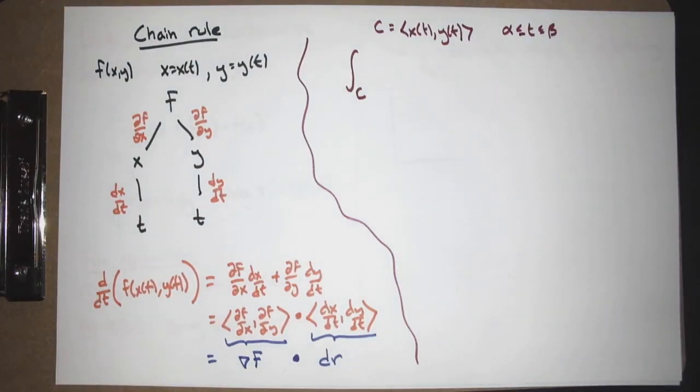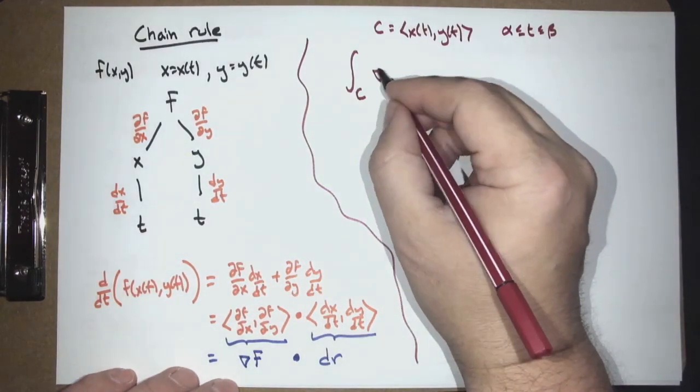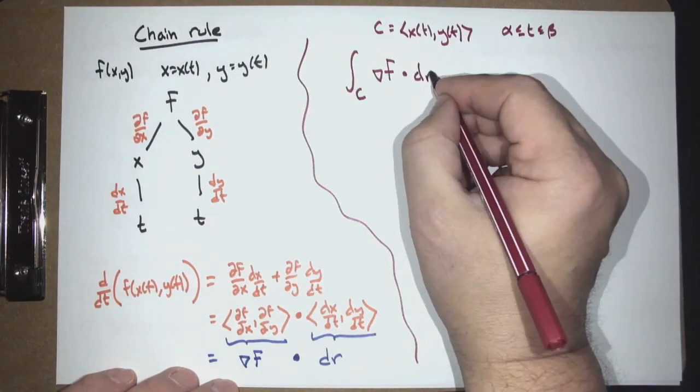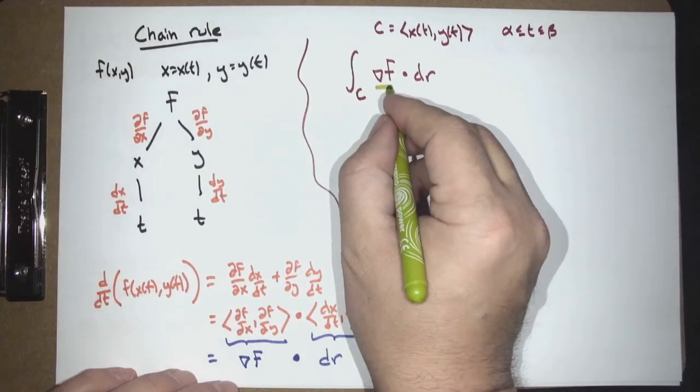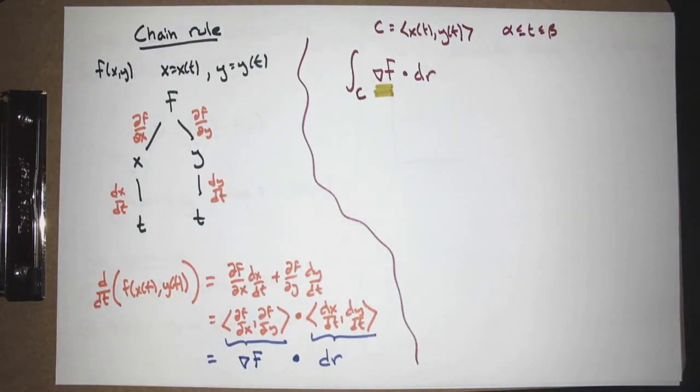All right, so then the integral along the curve of the gradient of f dot dr. So that's the type of integral we were talking about, the type of oriented integral, but a special case where we are looking specifically at not just any type of function, but one which is conservative. So remember, if you take the gradient of something, we call that a conservative vector field or a conservative function. Okay, so let's put everything in terms of t.